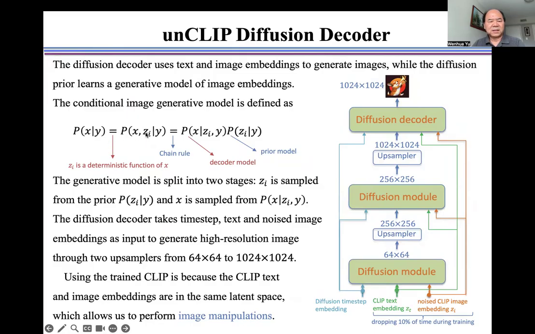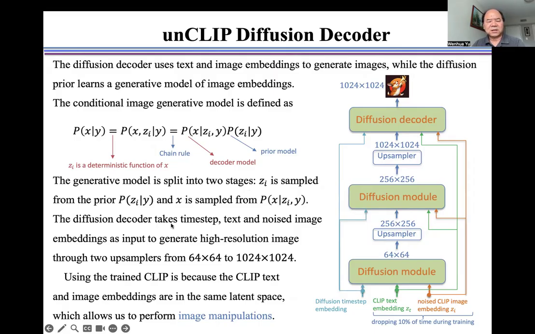We insert Zi here because Zi is a deterministic function of X. We use the chain rule to split this probability into a product of two probabilities, this decoder model and this prior model. The generative model is split into two stages, namely first Zi is sampled from the prior distribution P, and X is sampled from the true distribution P.